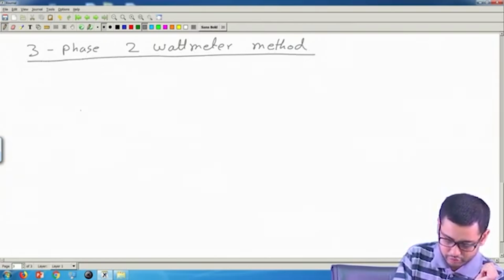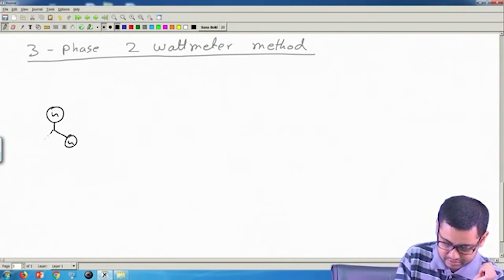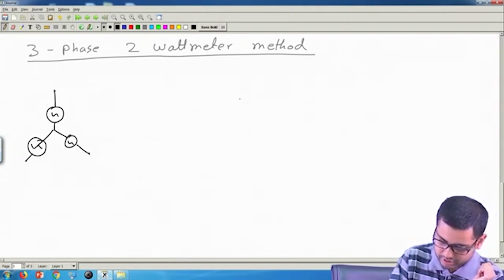So let me draw once again the source 3 phase. So this is the 3 phase source, and let me draw a 3 phase load.